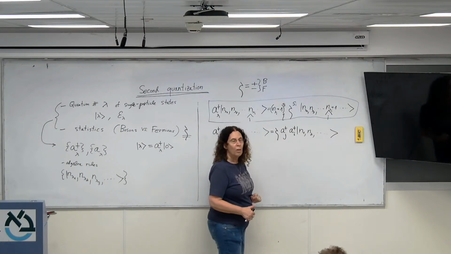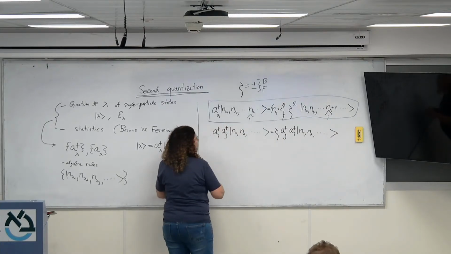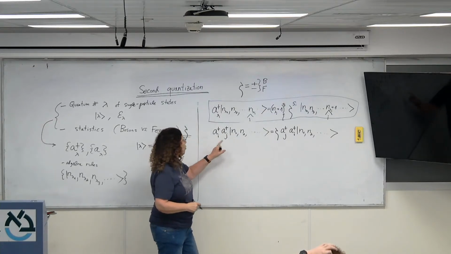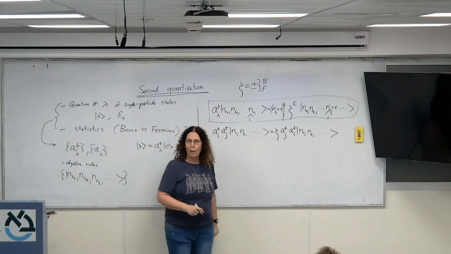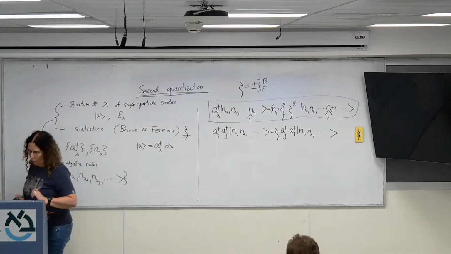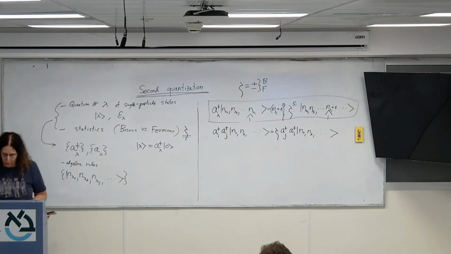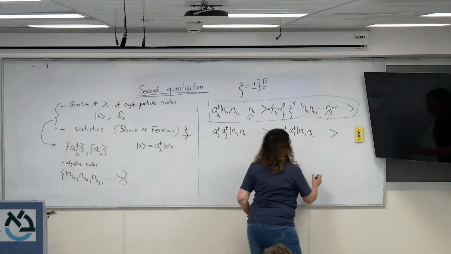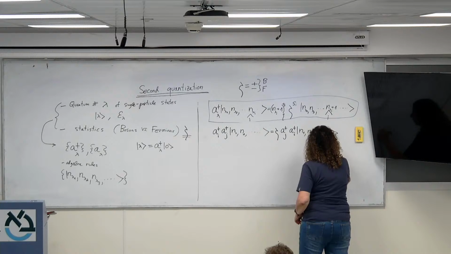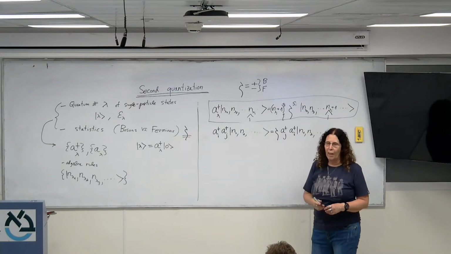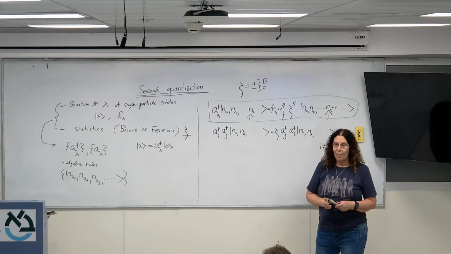So what is the difference? If you exchange the order of I and J, you pick up a factor of zeta. This is for the case where I is different from J, because if I equals J, what happens?